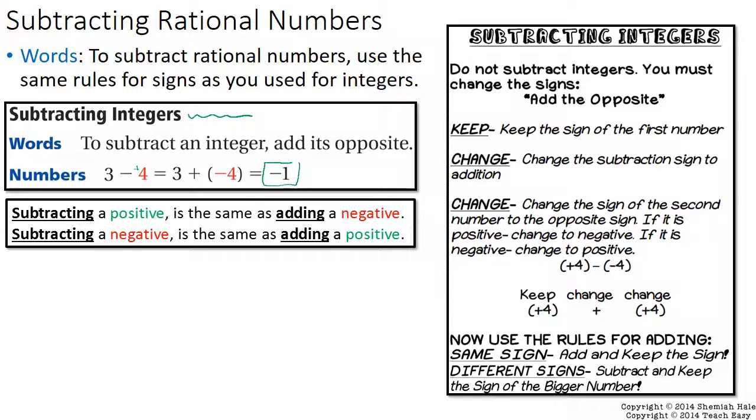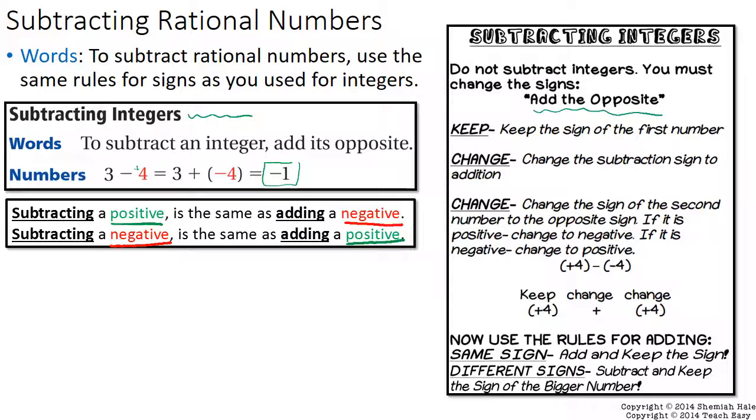When we are subtracting a positive number, we think of it as the same as adding a negative number. And when we are subtracting a negative number, we think of it the same as adding that positive number. In layman's terms, when we are subtracting integers, we do not just subtract those integers. We change the signs and think of adding the opposite.